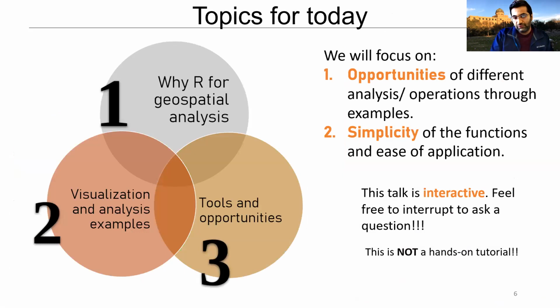We will talk about three things today specifically. First, why we need R for geospatial analysis, and what advantages it has over other available software. Through some of these examples, we'll see how we can visualize this data. Second, what are the tools and available opportunities using this platform and its open source libraries, and what kind of general operations we can do.